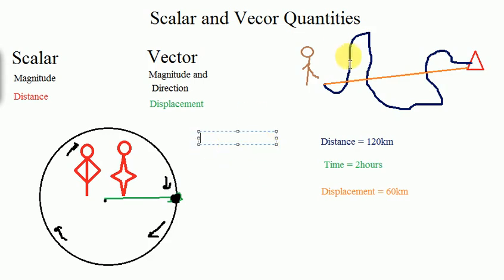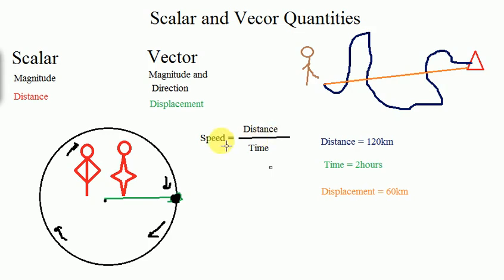What is speed? Speed is equal to distance upon time, right? Now we know the distance is a scalar quantity, because only magnitude is required to represent the distance.